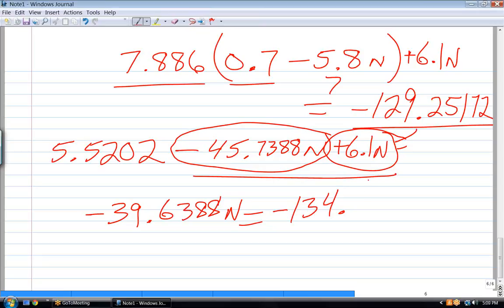So, negative 134.77242. The third digit is a combination of 0 and 1. Right?